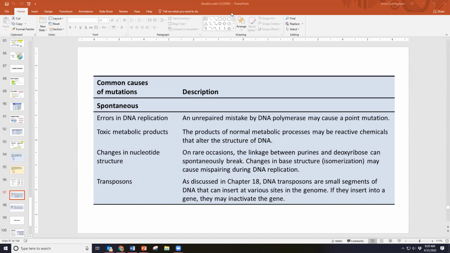You can have toxic byproducts of normal cellular processes. Starting today, we're going to talk about metabolism. One of the metabolic products of normal cellular respiration is hydrogen peroxide, which we talked about in lab.